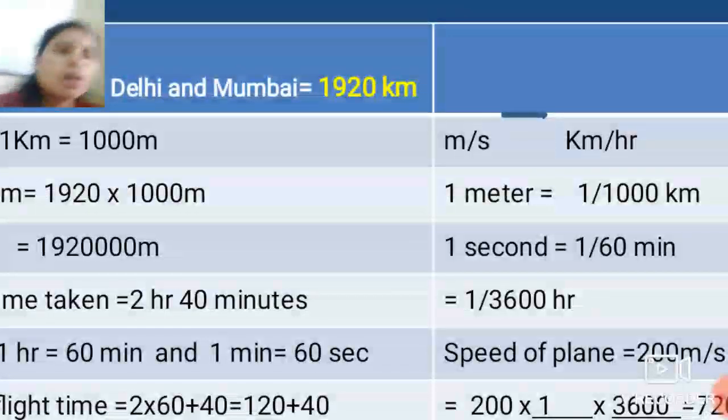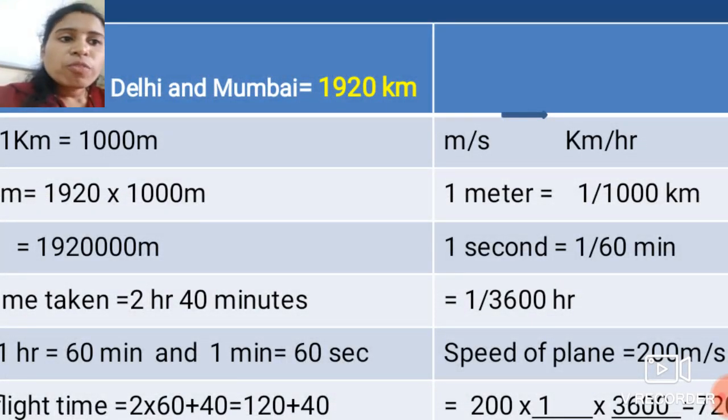See, 1 meter means 1 upon 1000 kilometers, while 1 second means 1 upon 60 minutes. Okay students, so just like that we will get 1 upon 3600 hours.